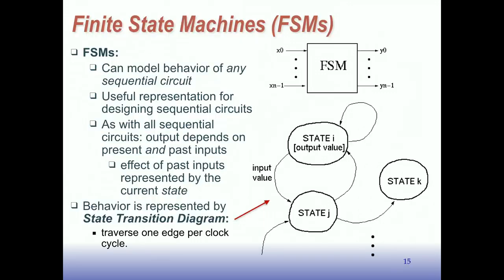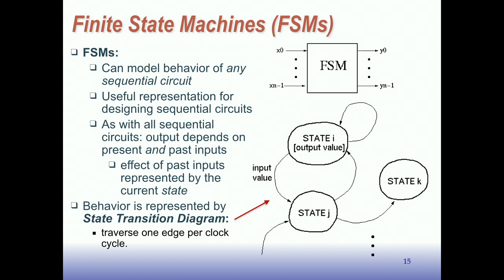Okay, so we talk about finite state machines in this class because it's a way to model the behavior of any sequential circuit. In fact, everything we build with digital logic is a sequential circuit. So we could describe the behavior of any sequential circuit as a finite state machine. We typically don't, because it would make for a really big, complicated finite state machine, and it doesn't buy us much to think about it that way.